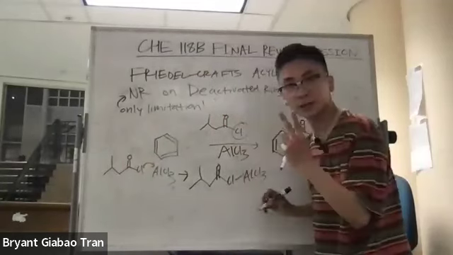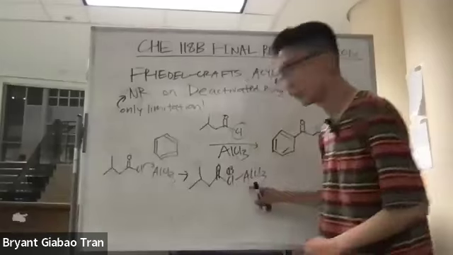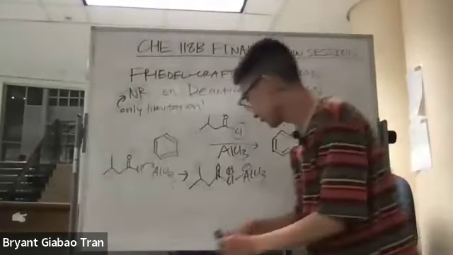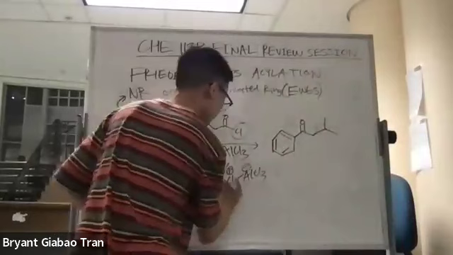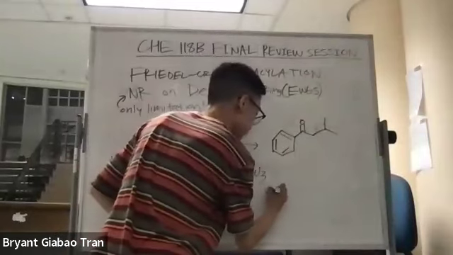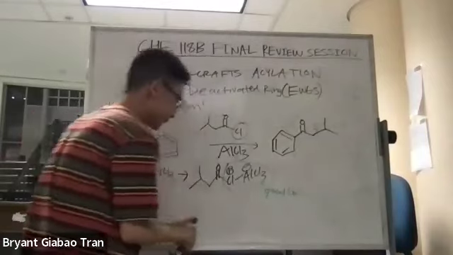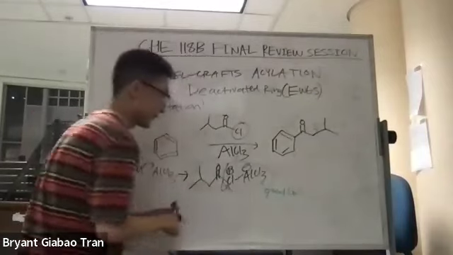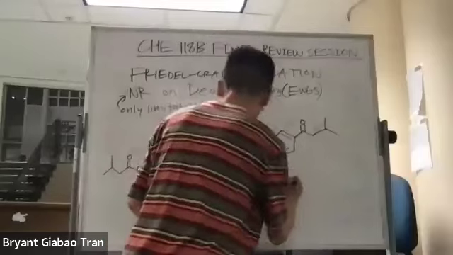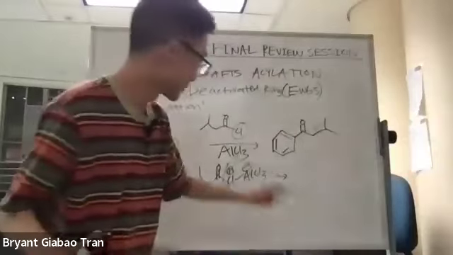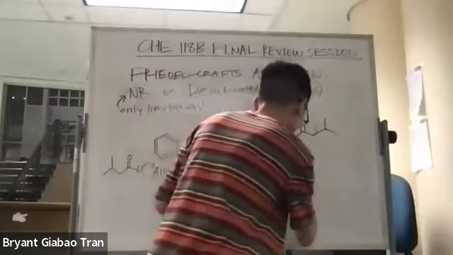A halogen with 2 bonds has a positive charge. Aluminum with 4 bonds has a negative charge. This whole thing is a good leaving group. It will leave and form this ion here. In the mechanism, draw out the resonance structure of this ion, which is very important.